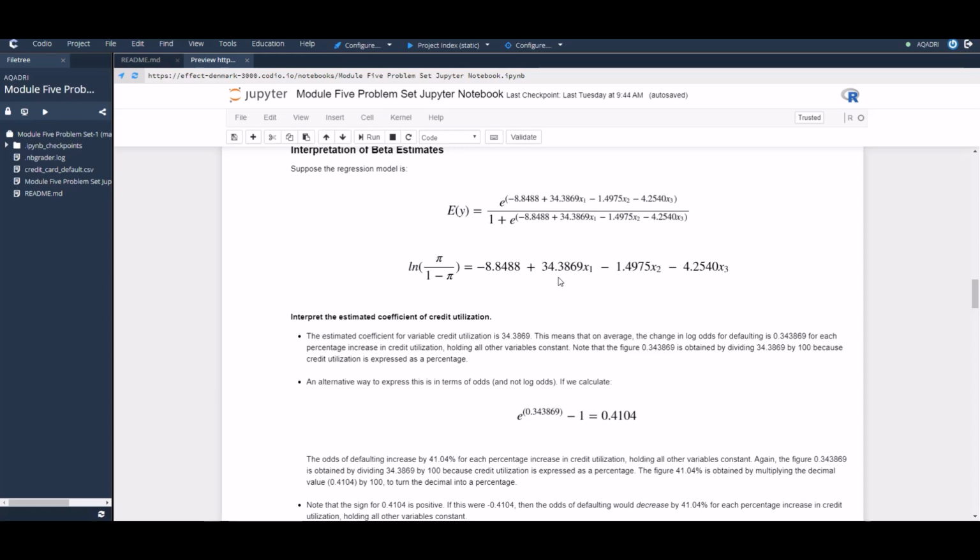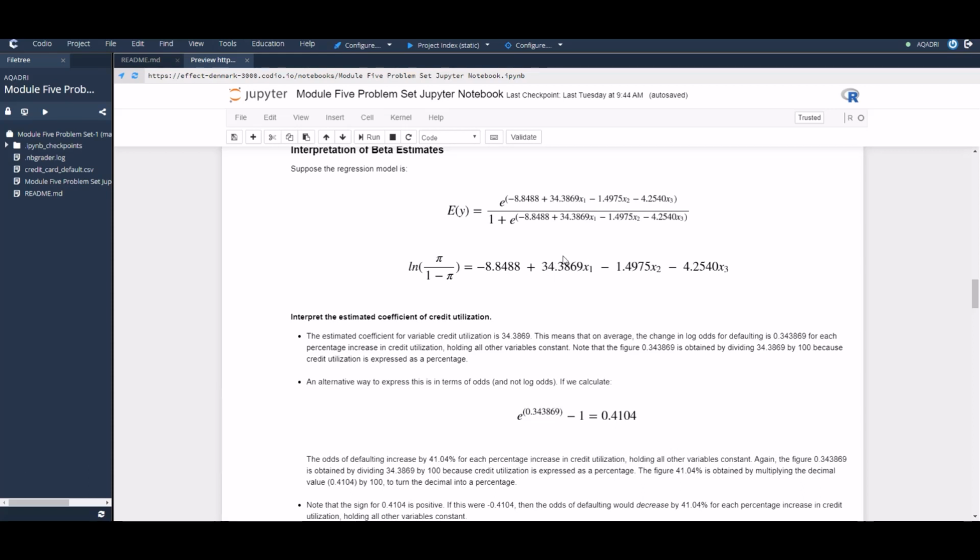Now, you may ask me, why is this 0.3438 and not 34.38? Well, that's because imagine if x1 increased by 1 for credit utilization, that would mean an increase of 100%, right? Going from 0 to 1 would be going from 0% to 100%. But what we want is the change in log odds for each percentage increase, so 1% increase, right?